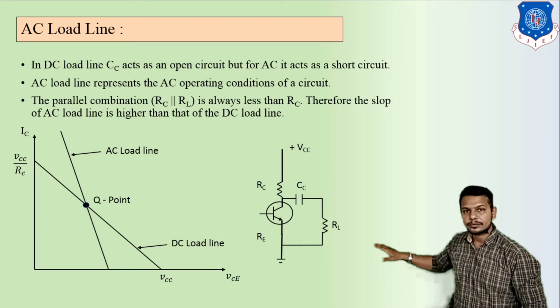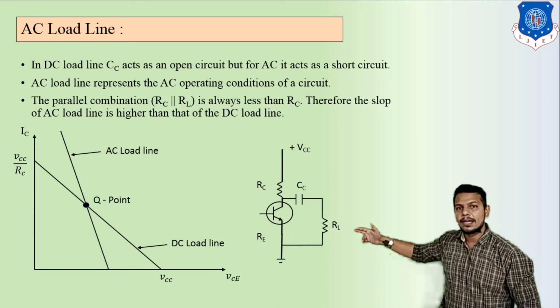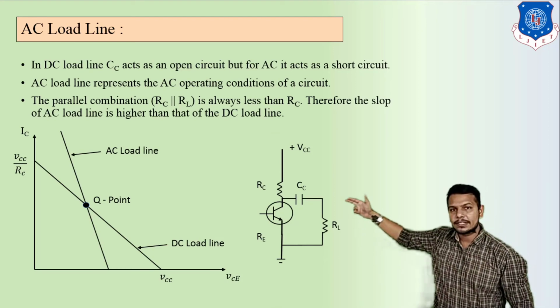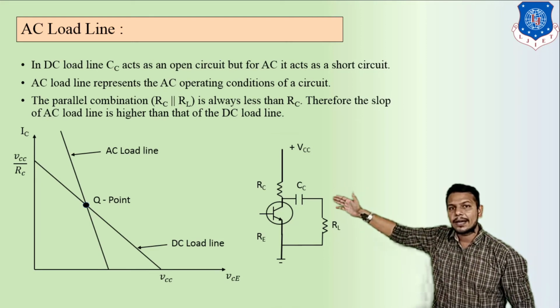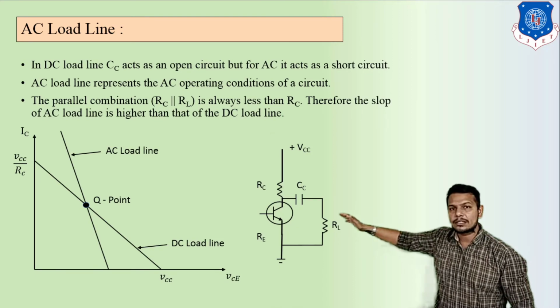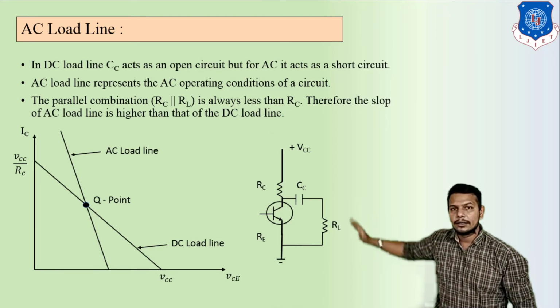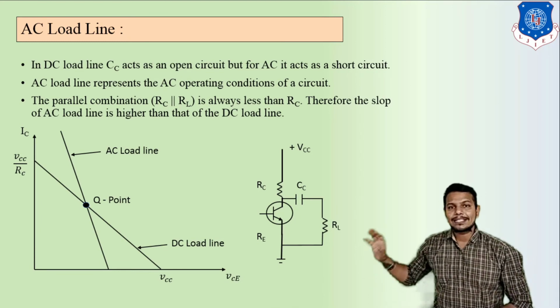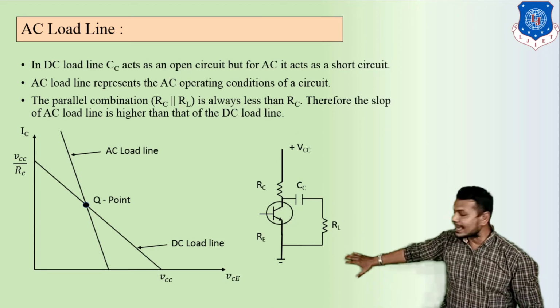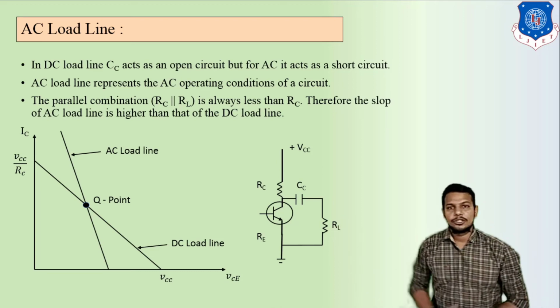Here in this circuit diagram, this is RL, this is the capacitor, and above we can see this is RC. Because the capacitor becomes short circuited, RC and RL become parallel, and due to this it is always less than RC, as we can see from this graph.